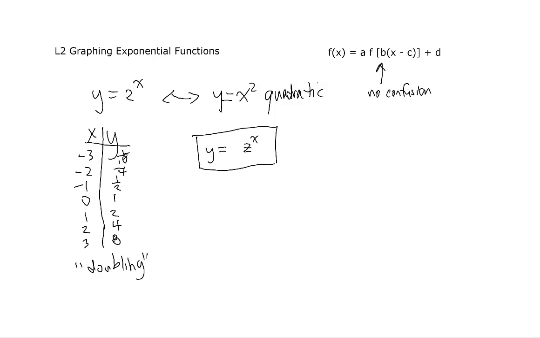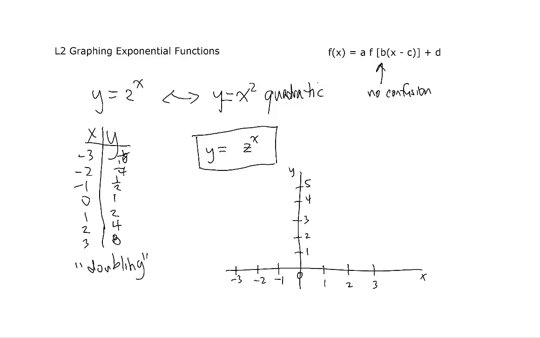So I'm going to be sketching for you really quickly what you're going to notice for this particular graph, y equals 2 to the x. If you plot those values out, and again, hopefully you actually have some graph paper, that's a pretty good scale.